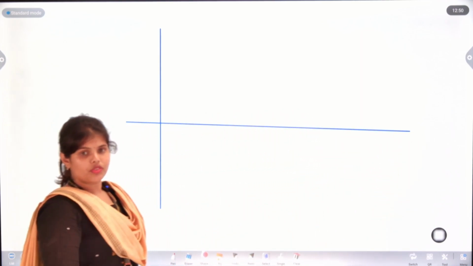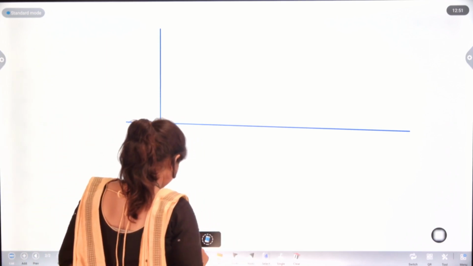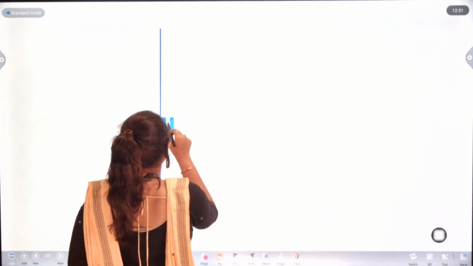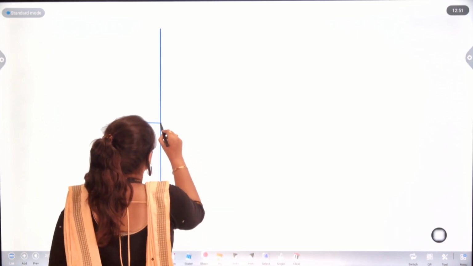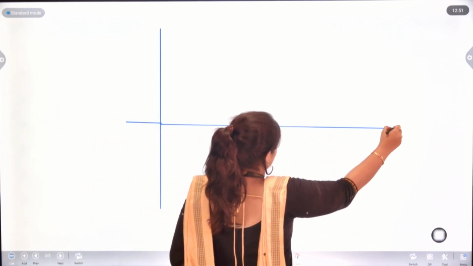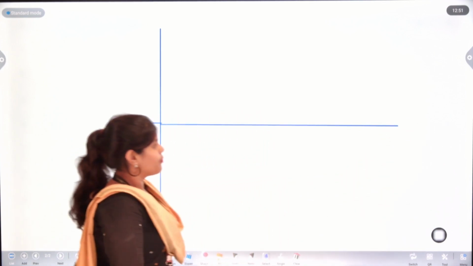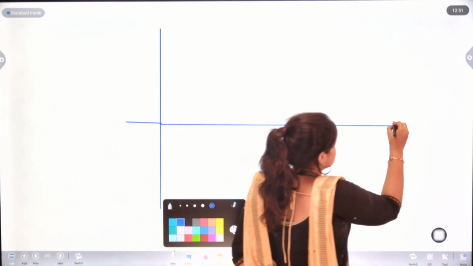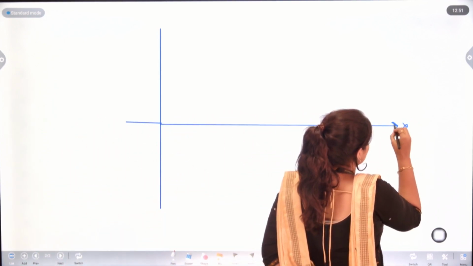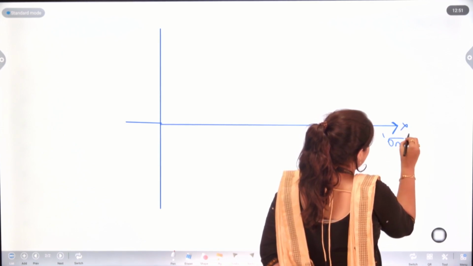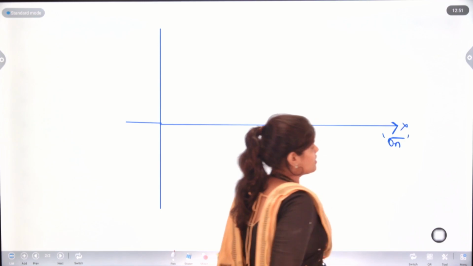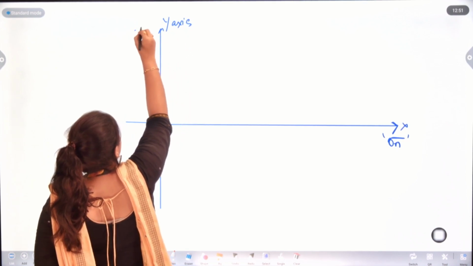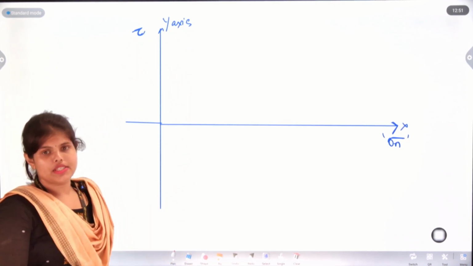The x axis we will take for sigma n, the normal stresses, and the y axis we will take for tau, the shear stresses.